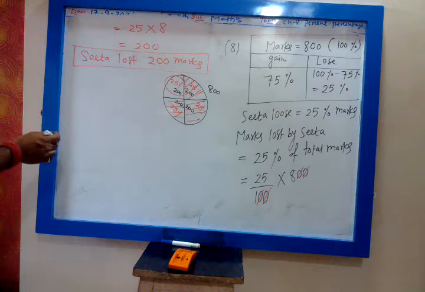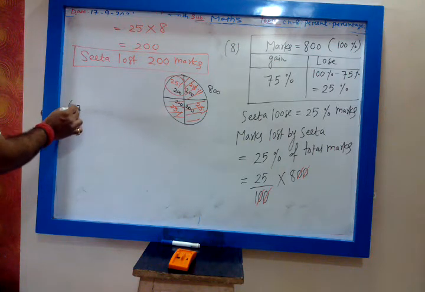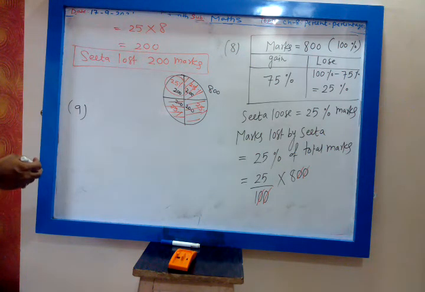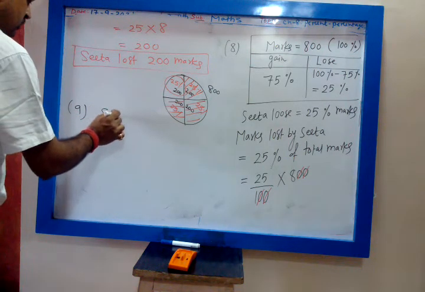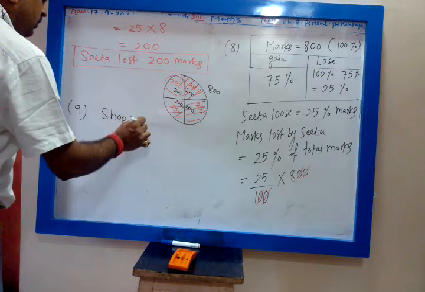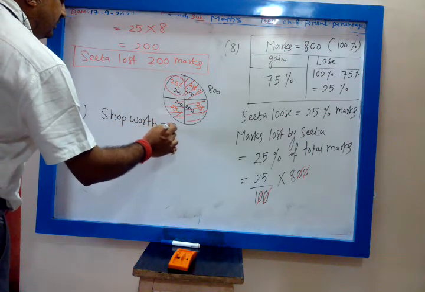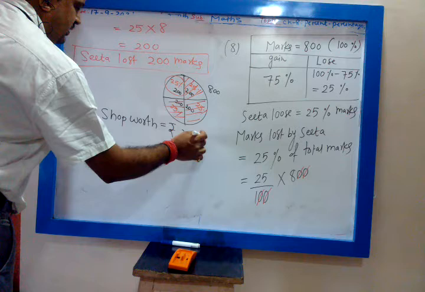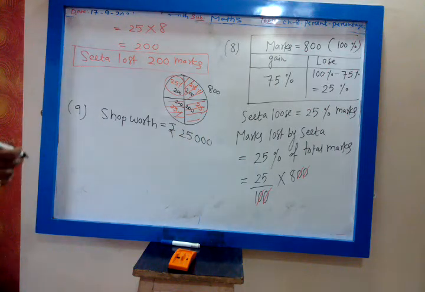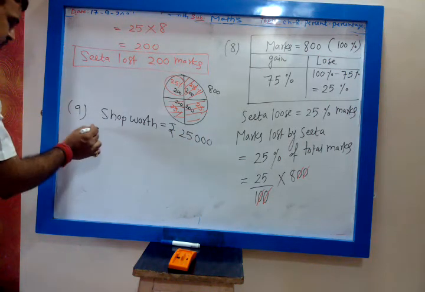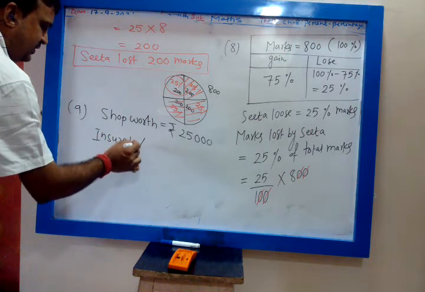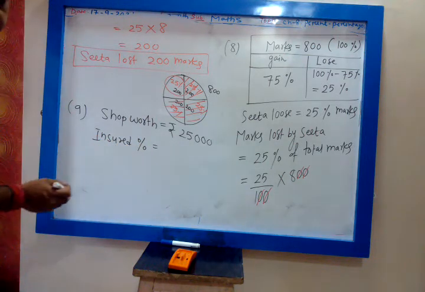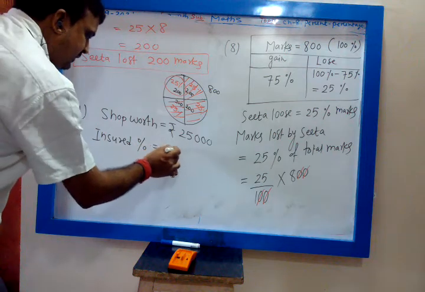So shop worth means shop value is 25,000. Then the insured percentage is 95%.